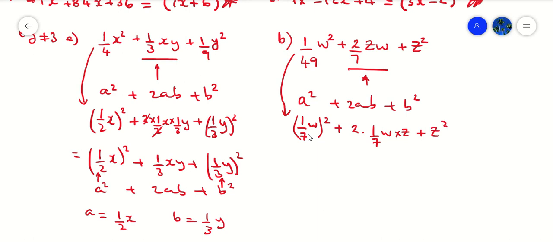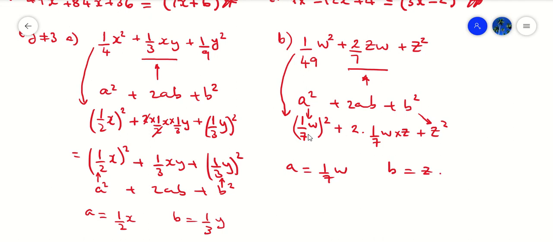If I compare this with the above expression, I will get my a as what? 1 over 7 w, and what is my b? It will be z. So I know a will be 1 over 7 w and b will be z.